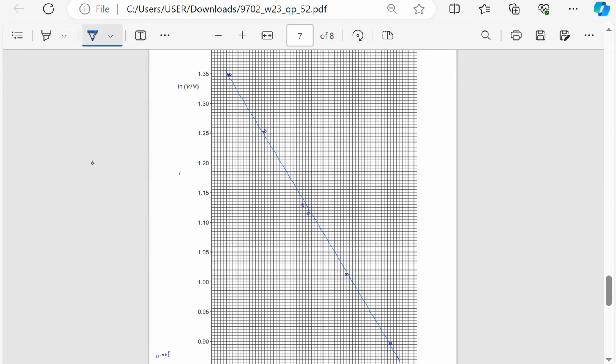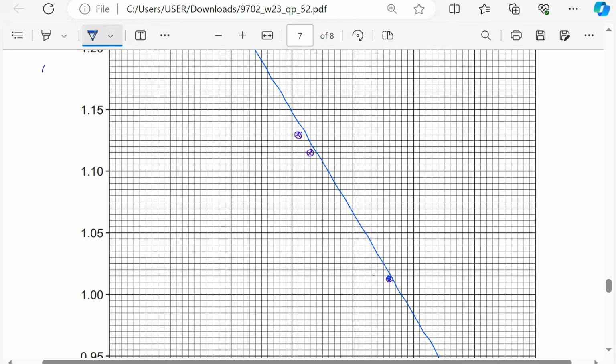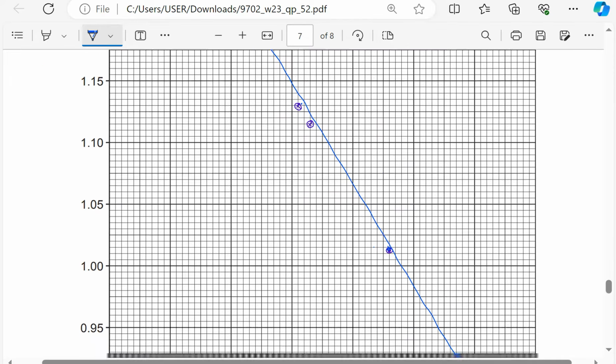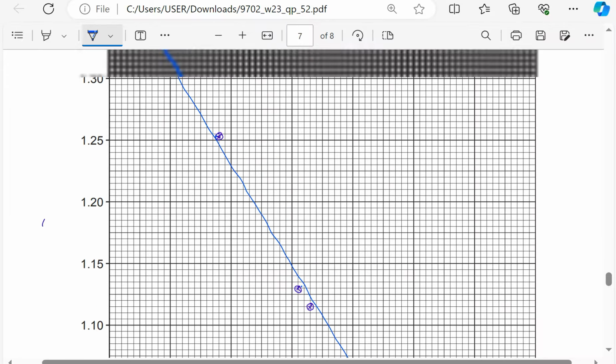Okay, I think this is the best I can try. I'm trying my level best to balance the points. So this is 1 point, this is the second one. I can say this is on the line, the third one is approximately on the line. Okay, that is enough line of best fit for me. You can draw a better one. But of course, when I expand this, you notice that the line may be very far from the points.